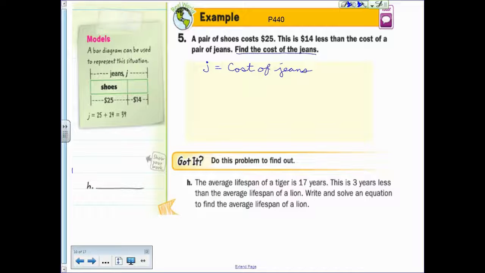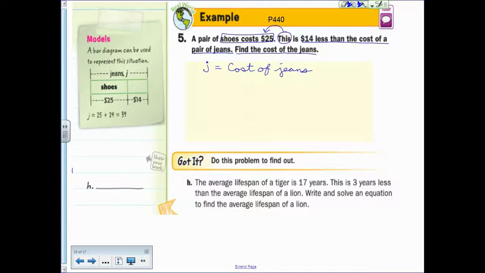Then we need to go back and look for our facts. Shoes cost $25. Then we have, this is 14 less than the cost of the jeans. So what is this? Well, this is the cost of the shoes.